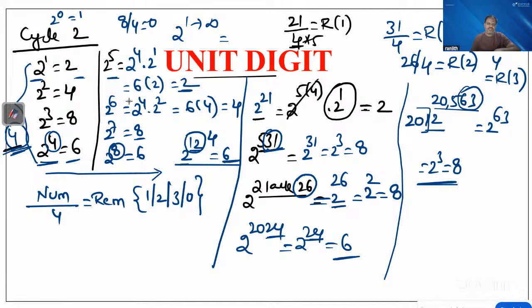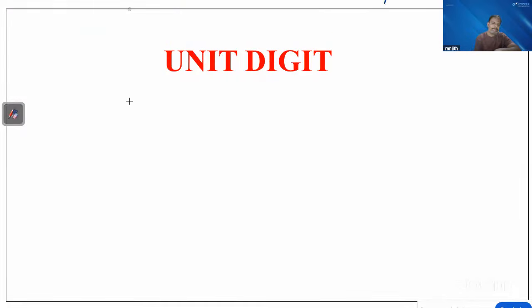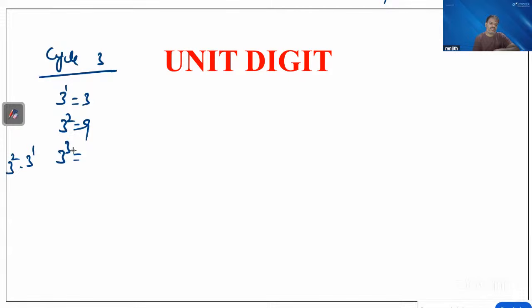Next are the remaining cycles. The 3 cycle: 3 power 1 equals 3, 3 square equals 9. 3 cube: 3 square into 3 power 1, 9 into 3 gives 7.